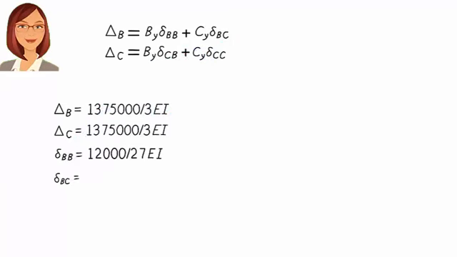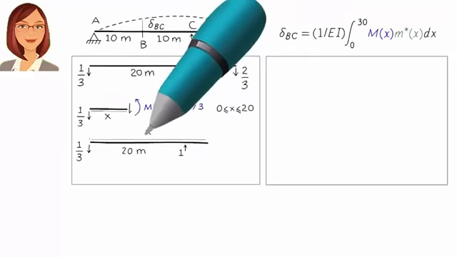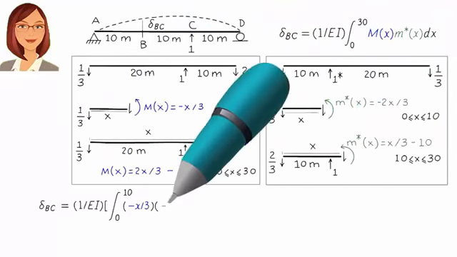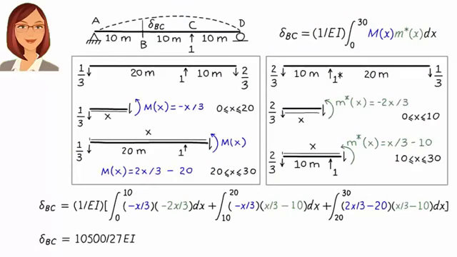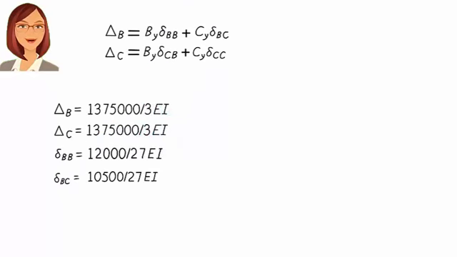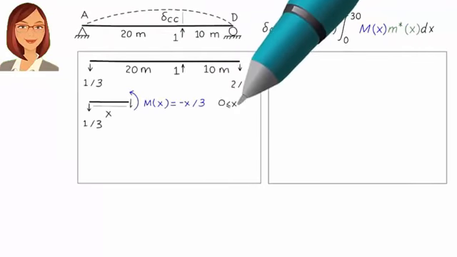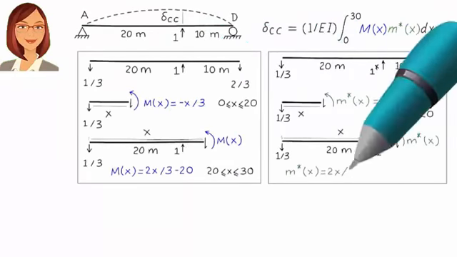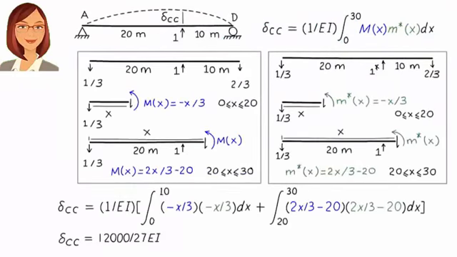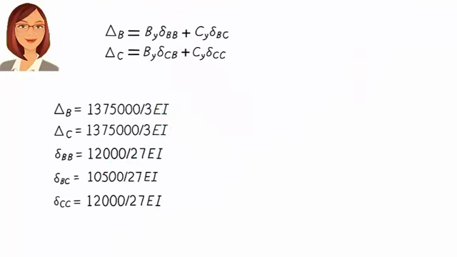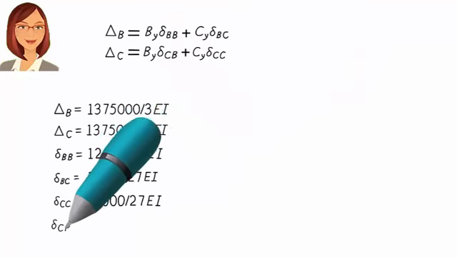And here is delta BC. Finally, we determine delta CC. And delta CB.